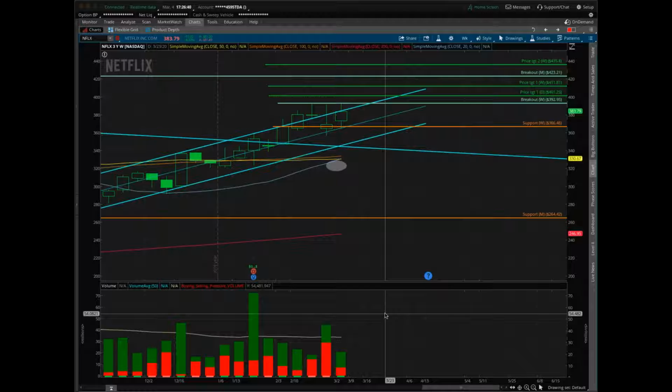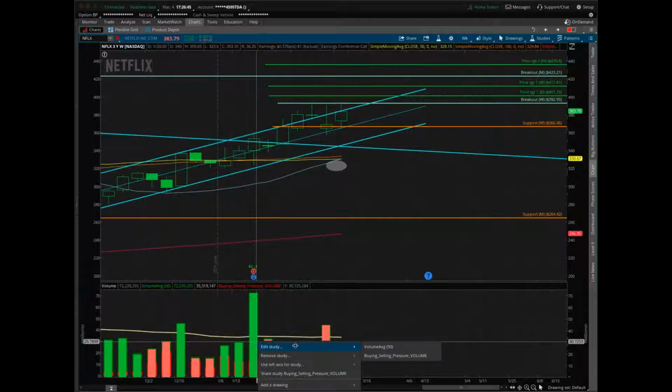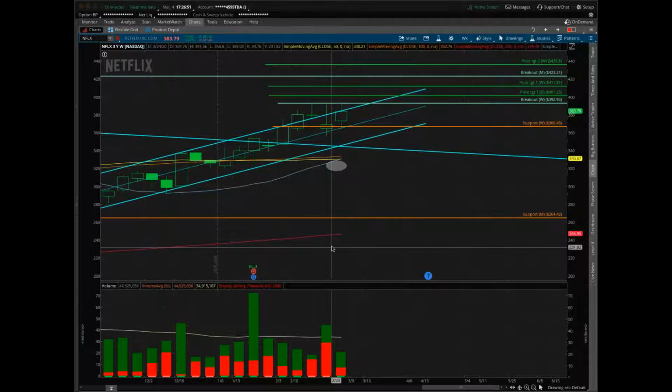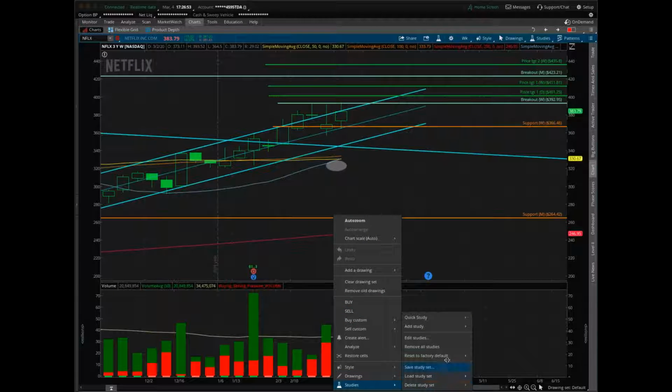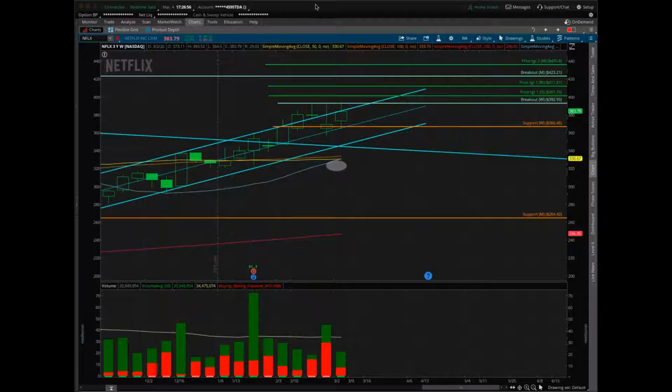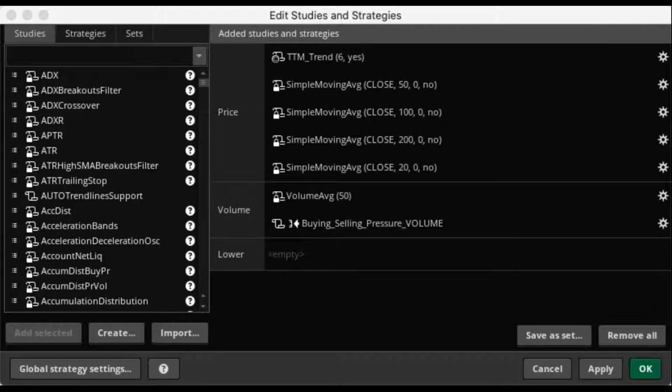Mine looks a little bit different. Could you go back to edit the studies real quick when you get a chance? What do we type in to find it?